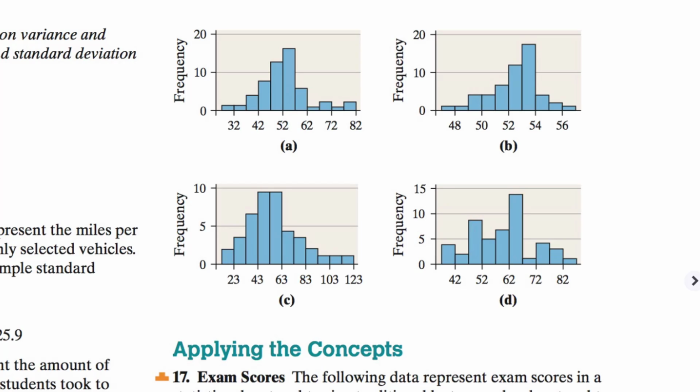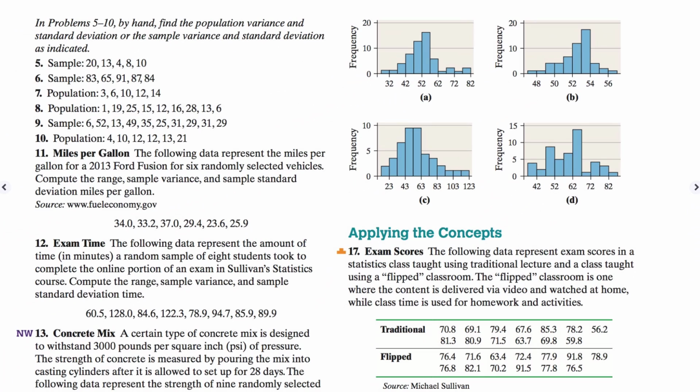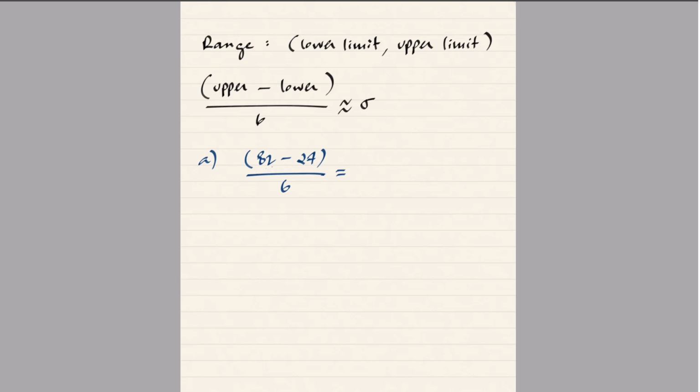Because the distribution is approximately bell-shaped, 6 standard deviations is going to go from 27 to 82. So we can use that to estimate the standard deviation. When you look at a data set represented as a histogram, you can see roughly what the lower limit and the upper limit are.